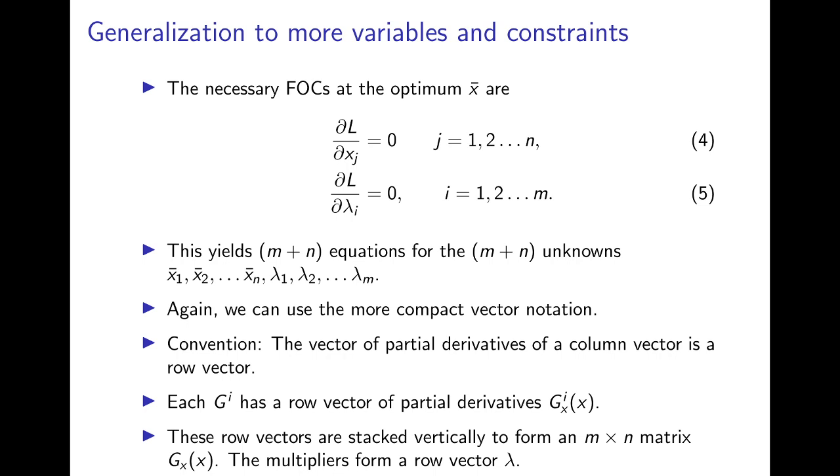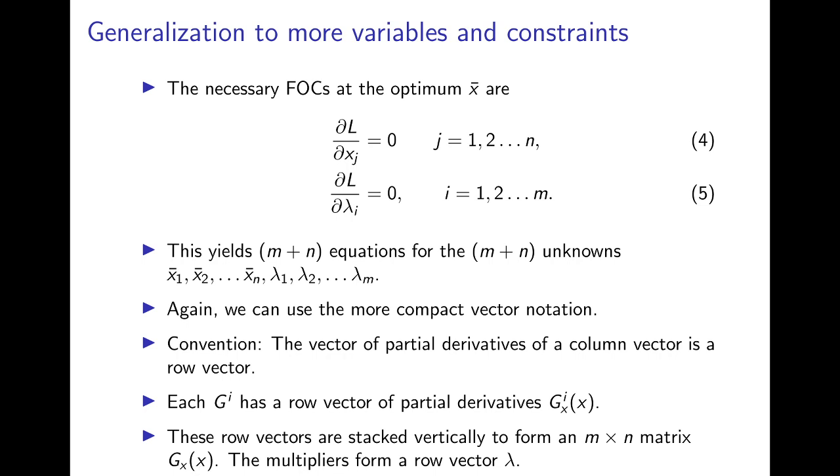Now, this formulation here is a little bit cumbersome, bulky, but we can again use a more compact vector notation by following the conventions outlined in the book by Dixit, that a vector of partial derivatives of a column vector is a row vector, and then each constraint would have a row vector of partial derivatives g sub x of i, and these row vectors can then be stacked vertically to form a matrix of the dimension m times n, of the partial derivatives g sub x.